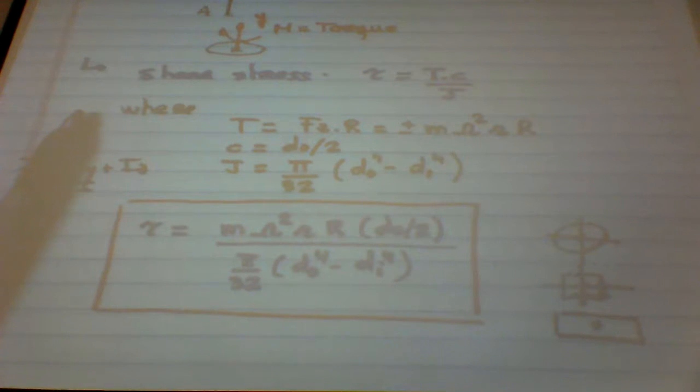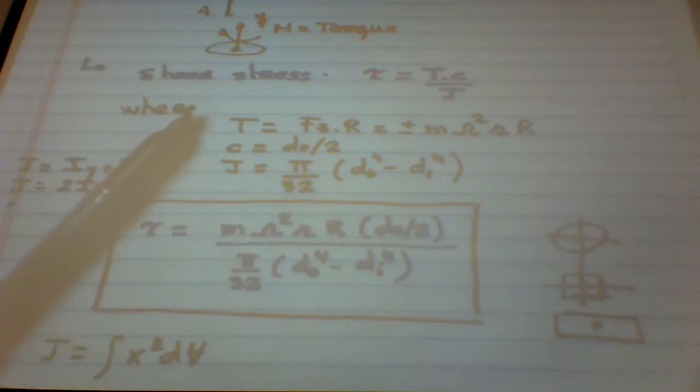If you want a more mathematical explanation, think about the I or the J. The J would be something like x squared plus y squared, integrated over the volume. Basically it looks at the distribution of the mass of the object or the area from the center going in the x and the y direction at the same time.